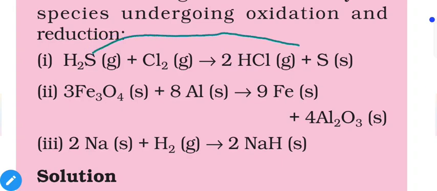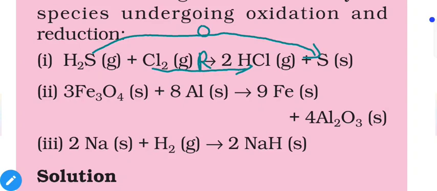Sulfur is going from H2S to S. That means hydrogen is removed from the sulfur. If hydrogen is removed, then it is considered as oxidation. So for sulfur we have an oxidation reaction. And next, chlorine. For chlorine, as we can see, we are adding hydrogen. So addition of hydrogen means it is reduction. So for chlorine, the reaction is a reduction reaction.